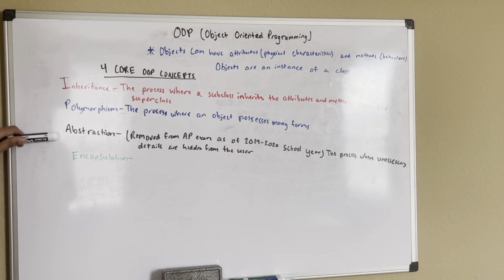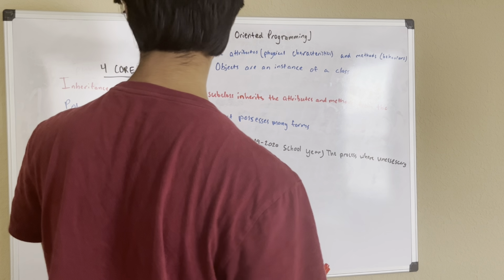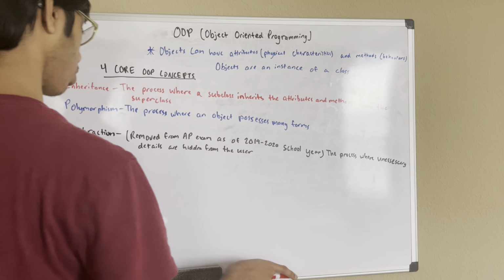And you're going to see that abstraction uses the abstract modifier, and a lot of those things come in handy. And you're seeing encapsulation use the private access modifier. So it's kind of like modifiers come in handy with OOP, which is why I like to introduce them in that kind of way. Hidden from the user.